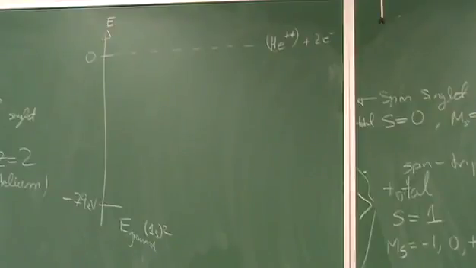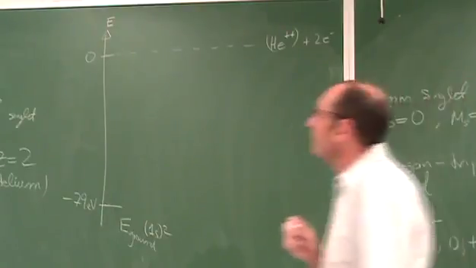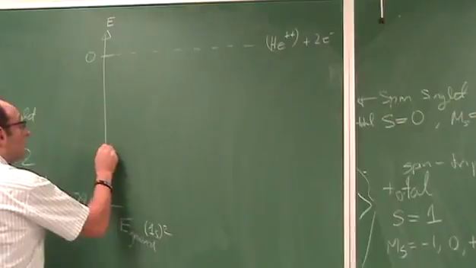With one of the electrons at infinity, there is no electron repulsion that we care about, and that's just the energy associated with one electron bound in the helium nucleus, the alpha particle nucleus.